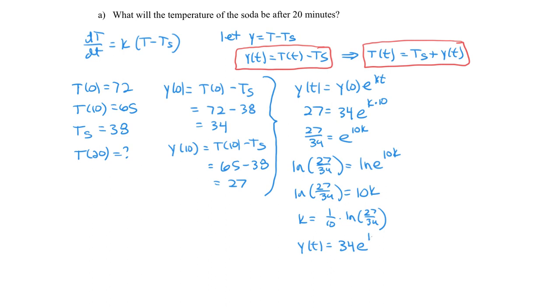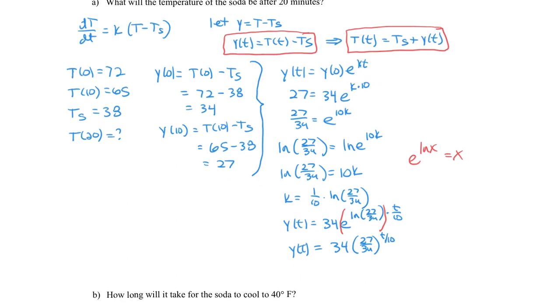So I'll write e^(ln(27/34)·(1/10)·t), which is the same as times t over 10. And then we'll do that same thing as before, where we think of e^(ln x) = x, right? So we can simplify this and write y(t) = 34(27/34)^(t/10). So that's y(t).